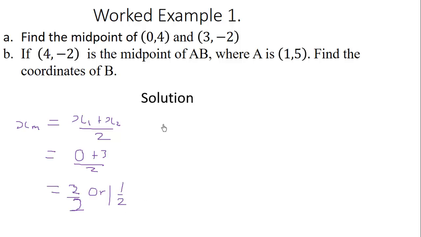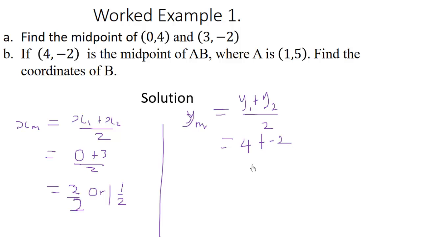Then also we have our y of m, which is equal to y1 plus y2 all over 2, and this will give us our y1 is 4 plus minus 2 all over 2, and this will give us positive 2 over 2, which is equal to 1.